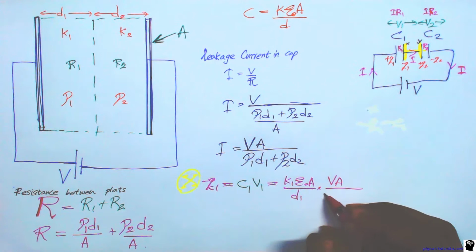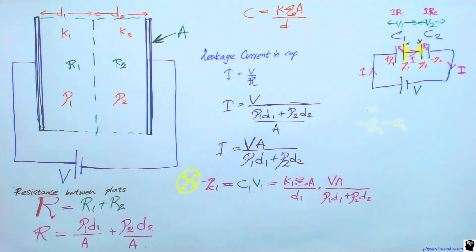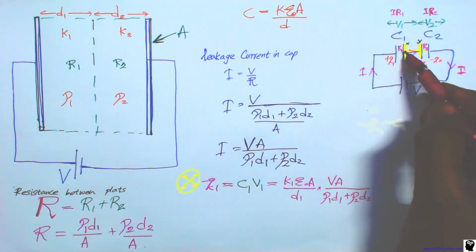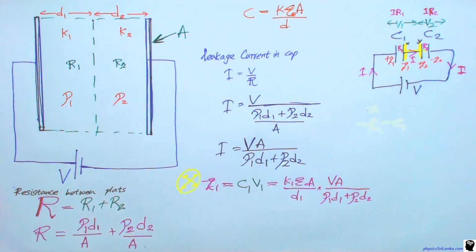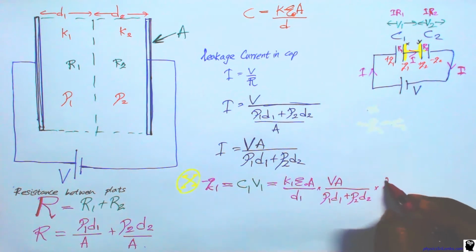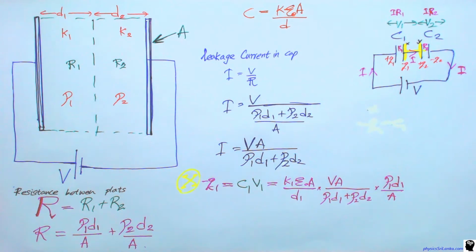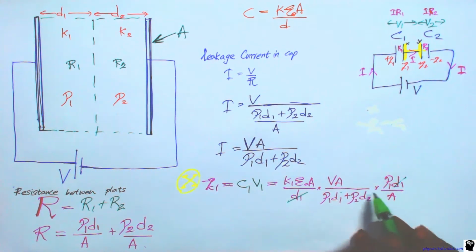V1 equals VA divided by ρ1 d1 plus ρ2 d2, multiplied by the resistance of this leaky capacitor, R1, which is ρ1 d1 divided by A. In this situation, d1 gets cancelled out and A also gets cancelled out.